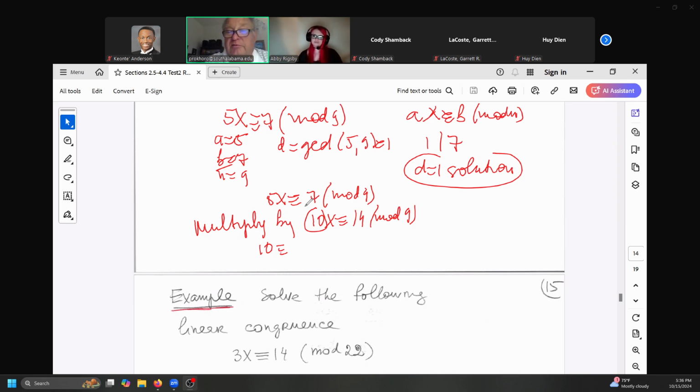Instead of 10, what can I write modulo 9? 1. So we'll get 1 times x. x is congruent to 14 modulo 9. And also we can simplify 14. Instead of 14, I can write 5, modulo 9. And this is our answer.